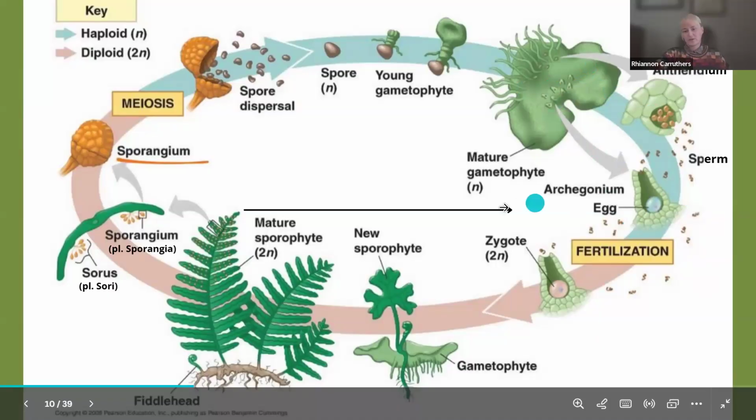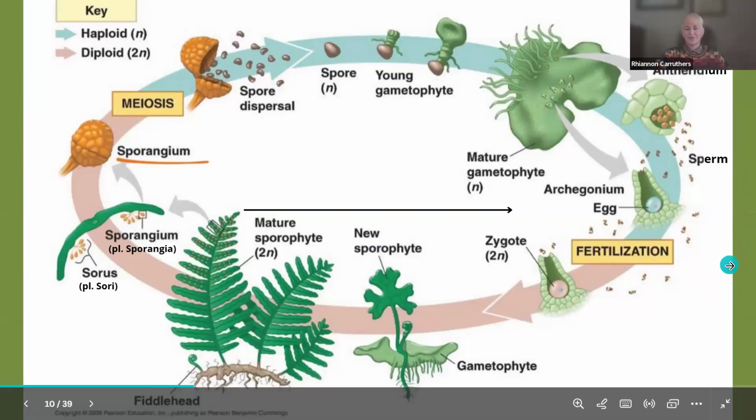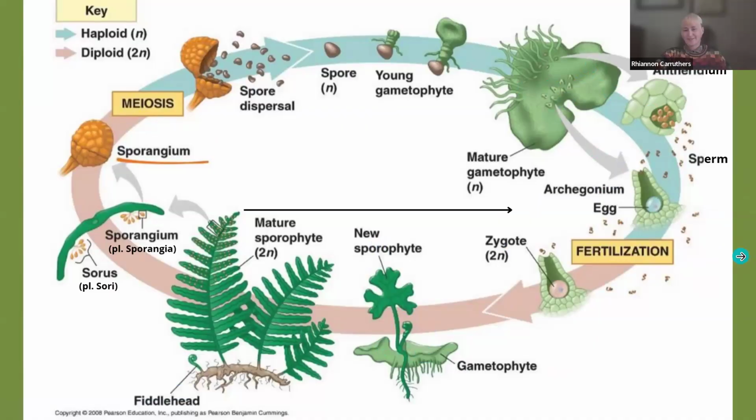Once fertilization occurs, that's where we then get the new sporophyte growing out of the gametophyte, and this part will wither away. So again, you don't need to know any of this life cycle in order to enjoy ferns, but it is really fascinating because it's one of the things that makes them different than other plants.